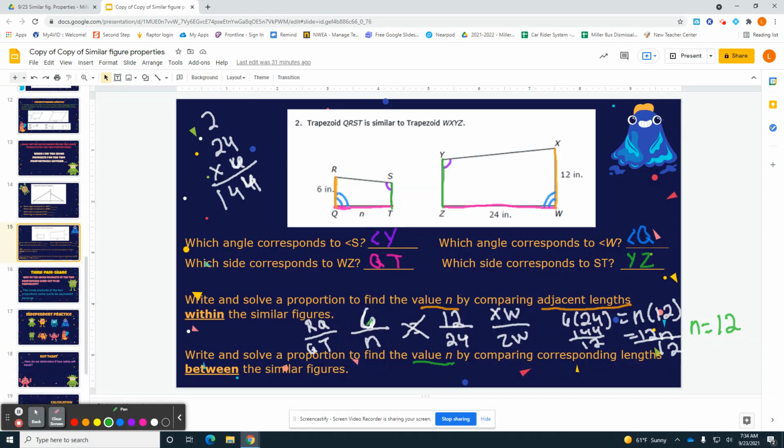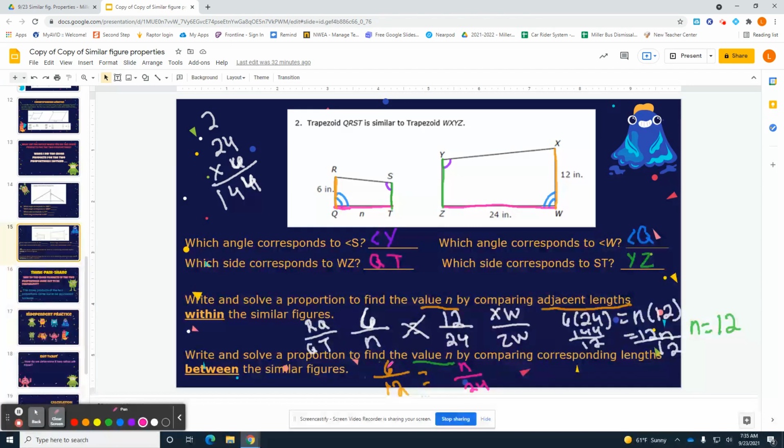So I am going to have 6, which is my yellow, and which side corresponds with 6? 12. So 6 over 12 is equal to n over 24.